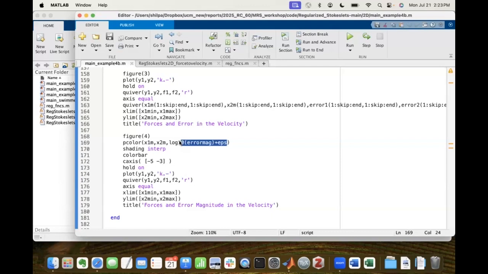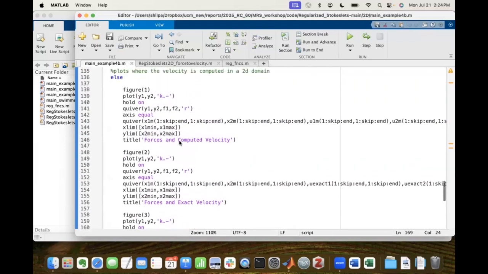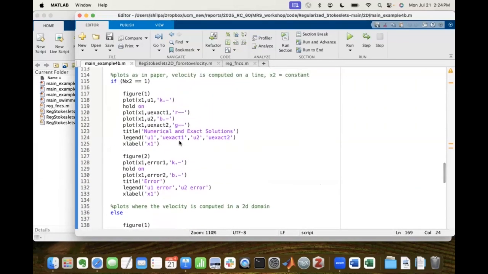Epsilon just adds machine precision, and so it makes things positive. Name your regularization something else too, so don't overwrite that. eps is the MATLAB built-in machine precision, and a lot of times we add it just to have something that's non-zero. So I always call my regularization EP. eps is a built-in command.